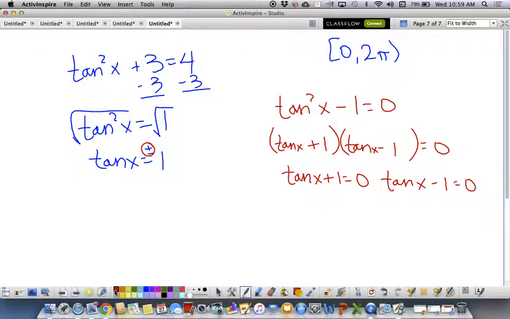In quadrant 1 and quadrant 3, it's positive, and in quadrant 2 and quadrant 4, it's negative. So we actually need an answer in all 4 quadrants. So we just find the angle, 45, in radian mode.